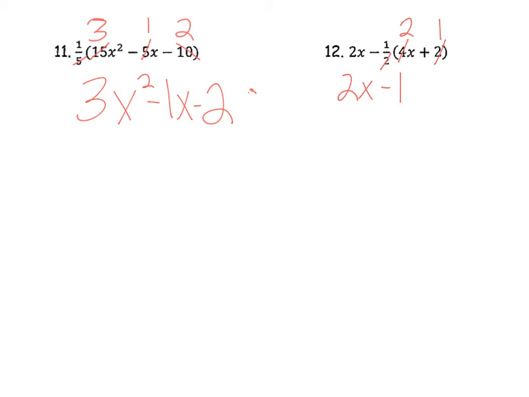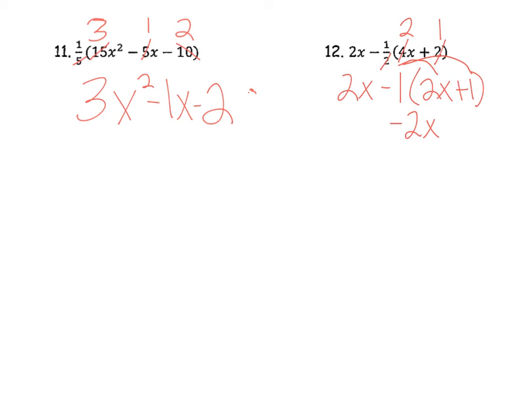Remember how I've been saying, oh, 1, forget about it. There's a negative sign in front of it. I need to actually distribute negative 1 into this 2x plus 1. So I can't just forget about the 1 this time. Distribute the negative 1 to both. Negative 1 times 2x.